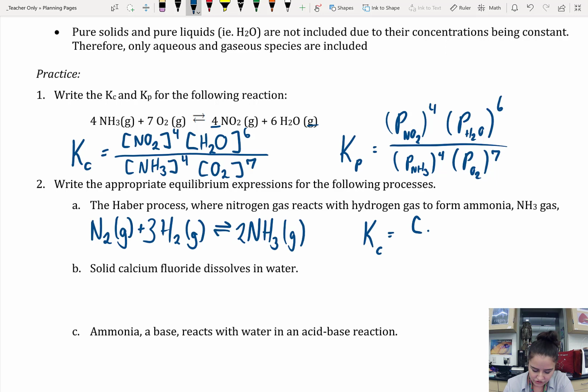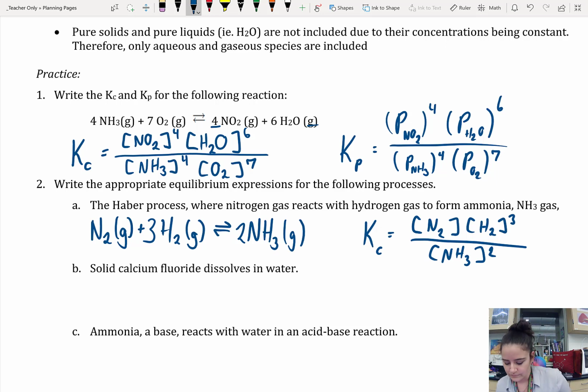So we have the concentration of N2, a coefficient of 1, so no exponent, aka exponent of 1, times the concentration of H2 to the third over the concentration of NH3 squared.